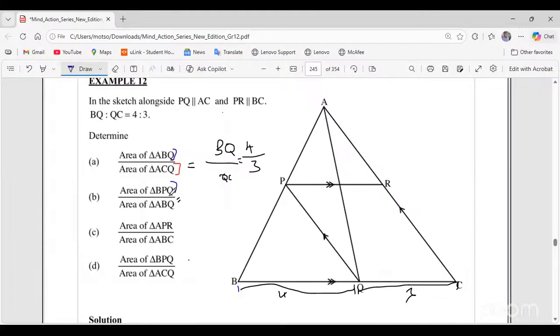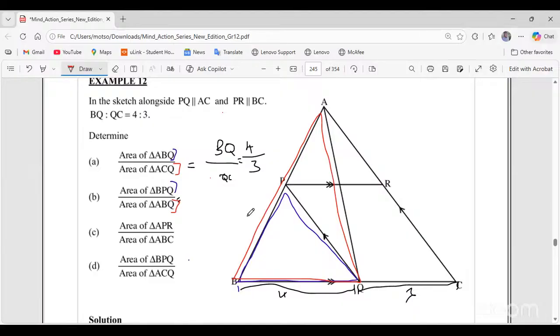Blue, BPQ. BPQ is this one, and ABQ, I'll use red. ABQ is this one.